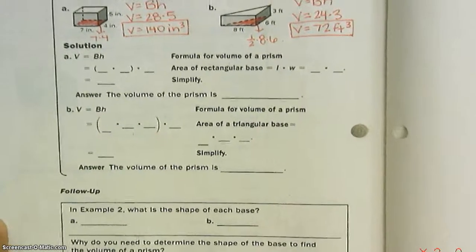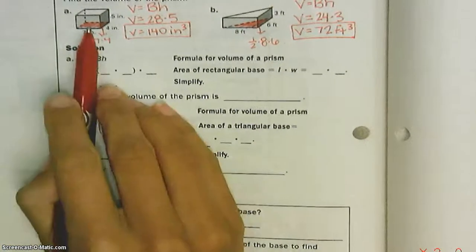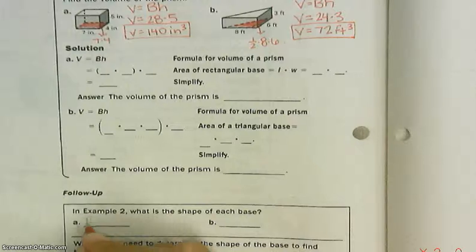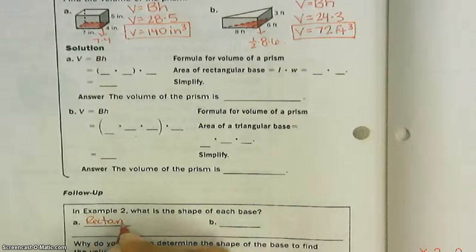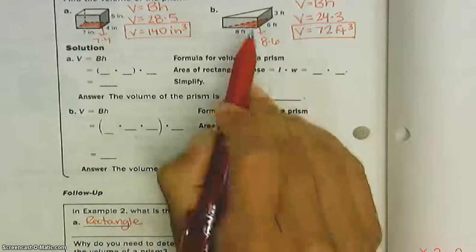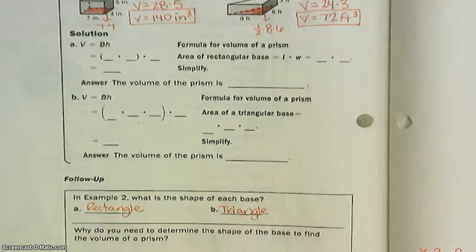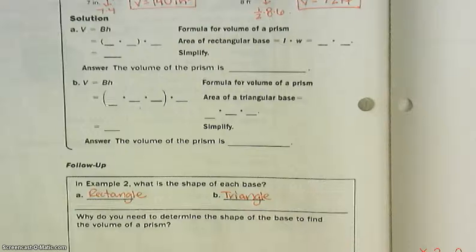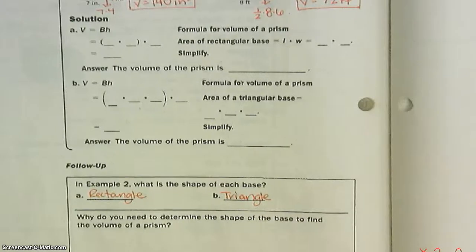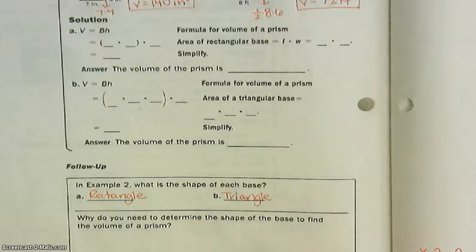In example 2, what is the shape of each base? Well, this base right here is a rectangle. And this base right here is a triangle. Why do you need to determine the shape of the base to find the volume of the prism? Well, the shape of the base matters because we have to find its area.